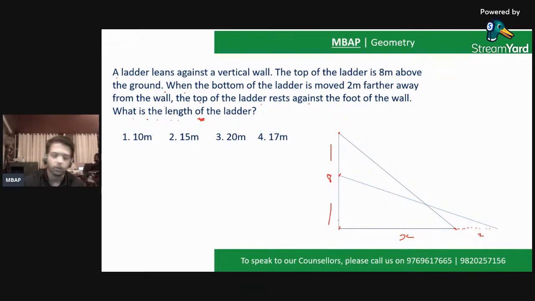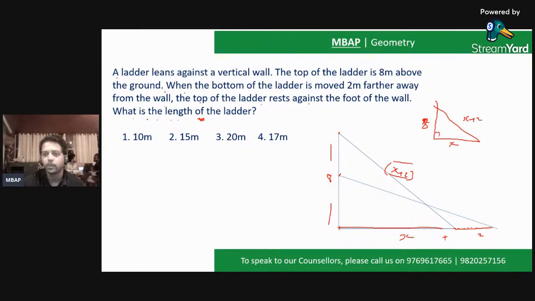Clear? So this part is x, this part is 2. So the total length of this part will be x plus 2, which will also be equivalent to the length of the ladder. To make the diagram more clear, this is 8, this is x, and this is x plus 2.